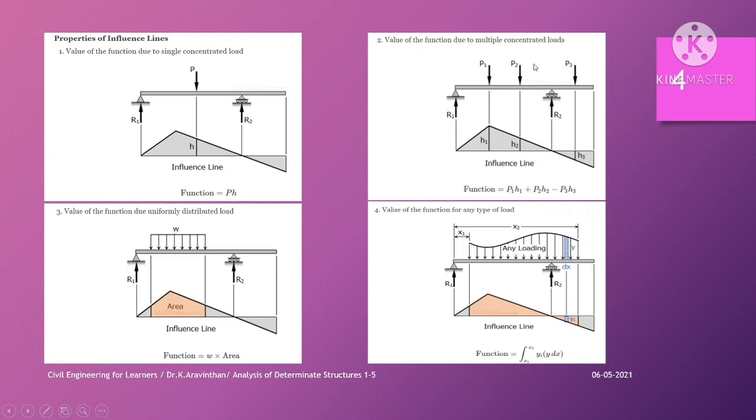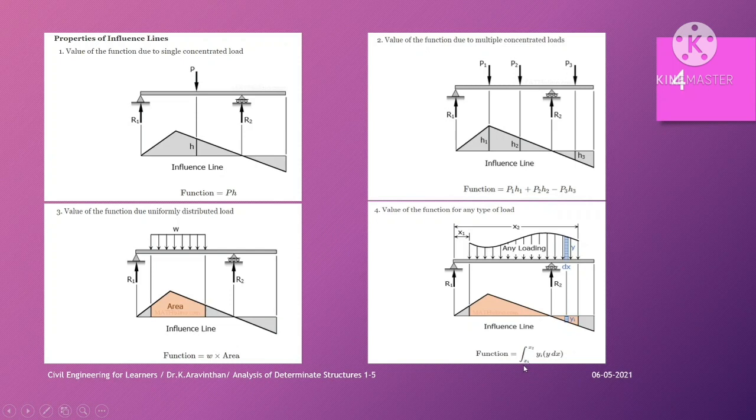Likewise, if there are multiple point loads, you add the sum of all the loads into the influence line height at each load, and you will get the function. And for varying load, you can take the area into a function.